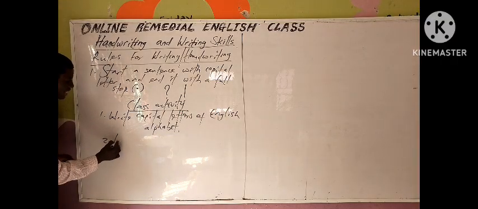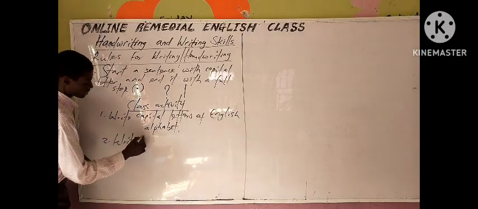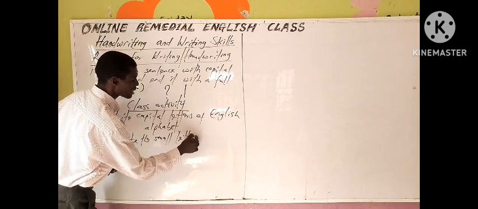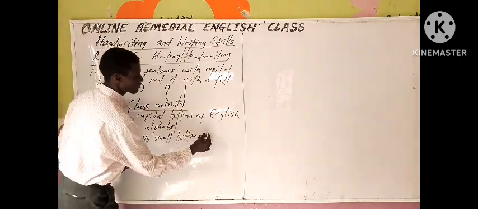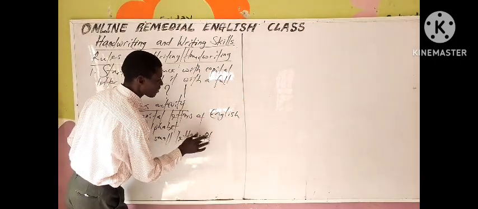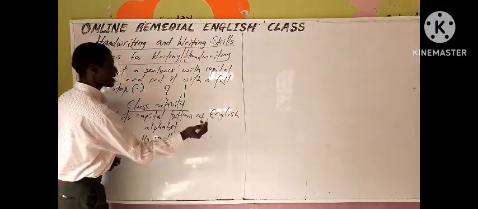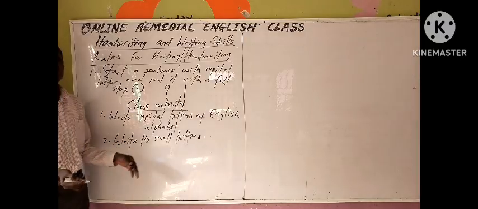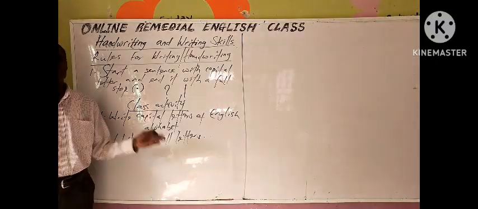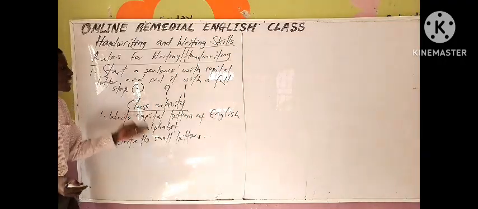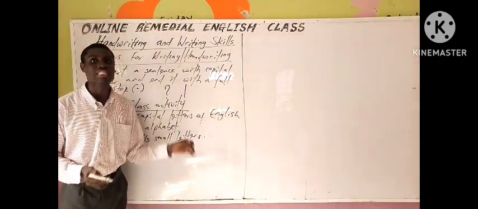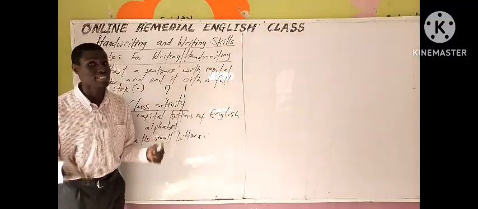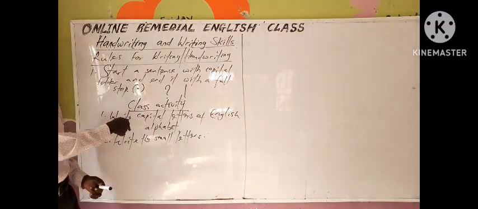Then write the small letters, or uppercase and lowercase letters, of the English language. Let me stop that. Let's take notes. Why this? Oh, this is too simple. Simple, and yet many students are being penalized for doing the wrong thing, even in the senior secondary school certificate examination. So let's come back to this.